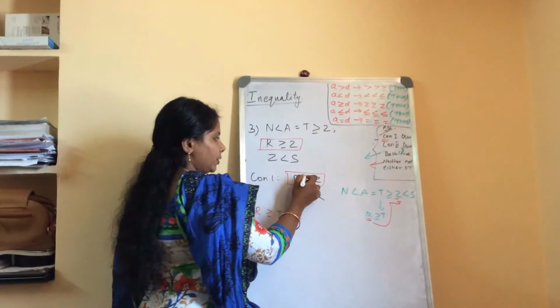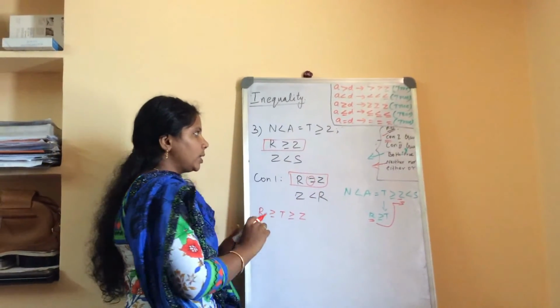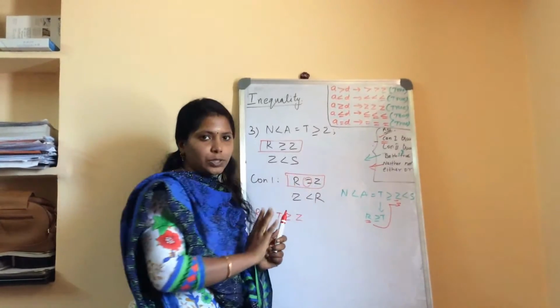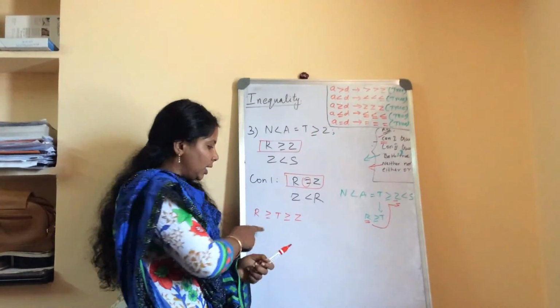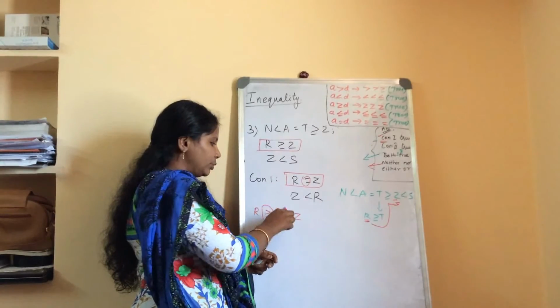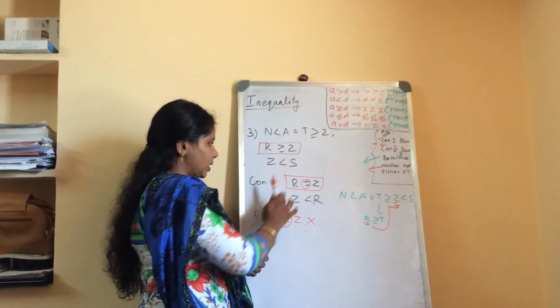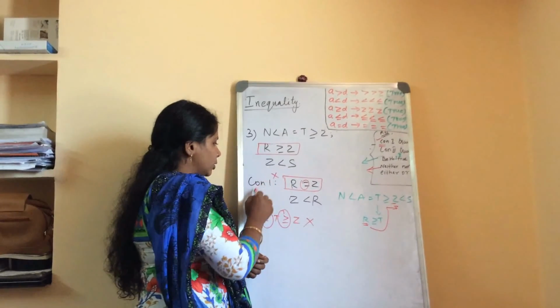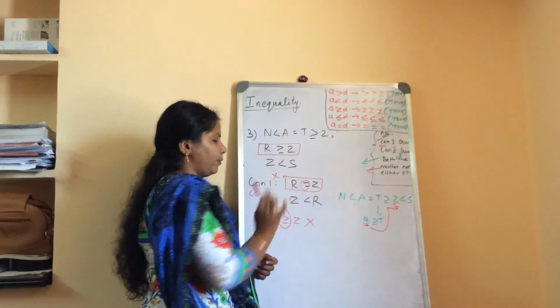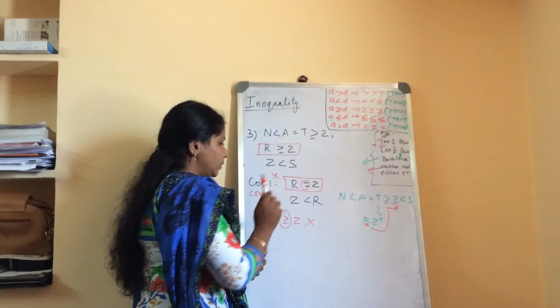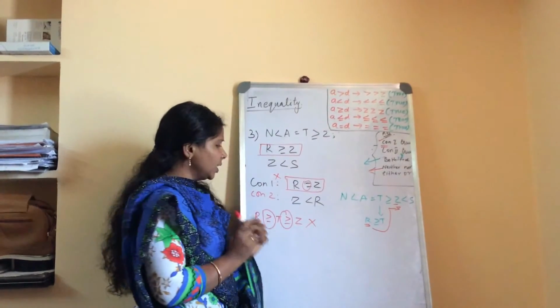I told you if it is equal to, it should always go with the equal to symbol in the statement. Here we have greater than or equal to, greater than or equal to. So this conclusion 1 is false.